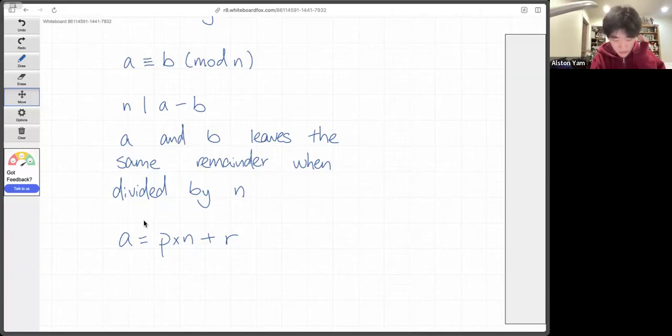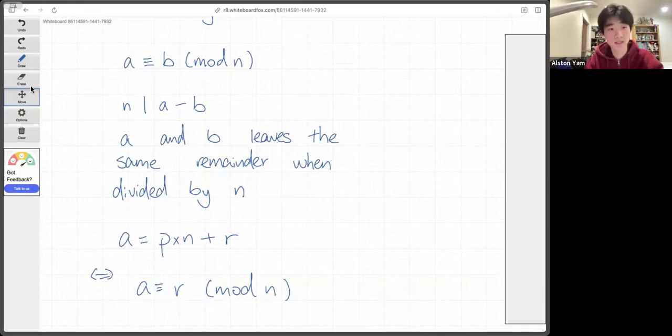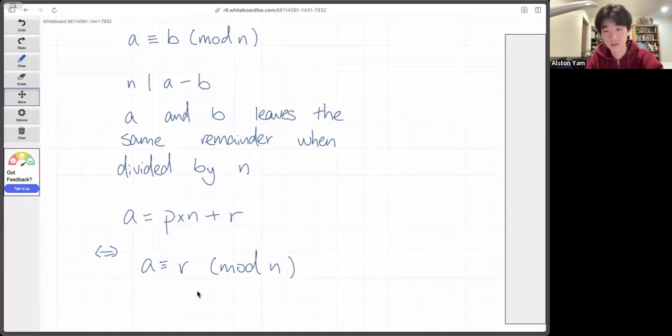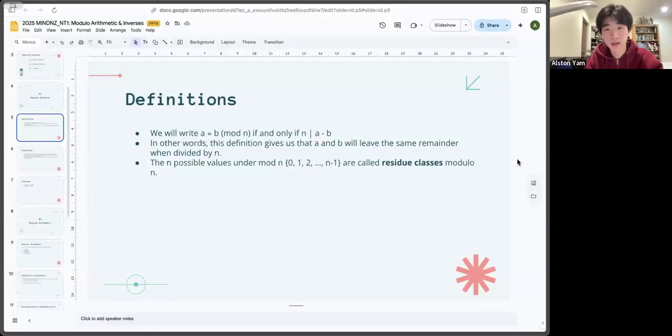This is just the same as saying A is congruent to R mod N, right? Because A and R will leave the same remainder when we divide them by N. So this gives us a cool way to relate numbers to the remainders, and that's what we have on the slide here.